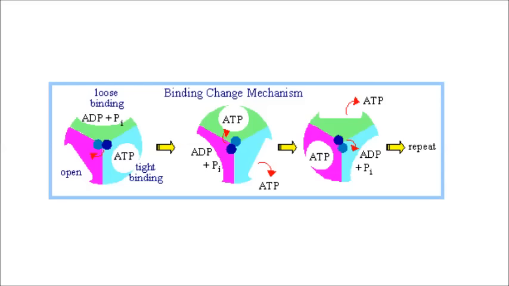When the asymmetric F0 rotates, it forces a conformation change in the F1, causing the ADP and the inorganic phosphate to be held closely together to allow a bond to form and ATP to be produced. And when the F0 further rotates, it causes yet another conformation change, which releases the newly formed ATP molecule into the cytosol of the cell.